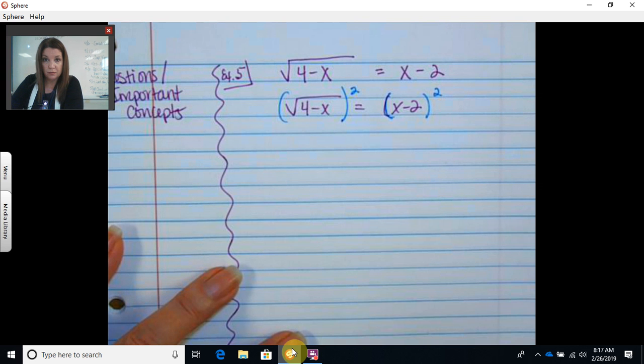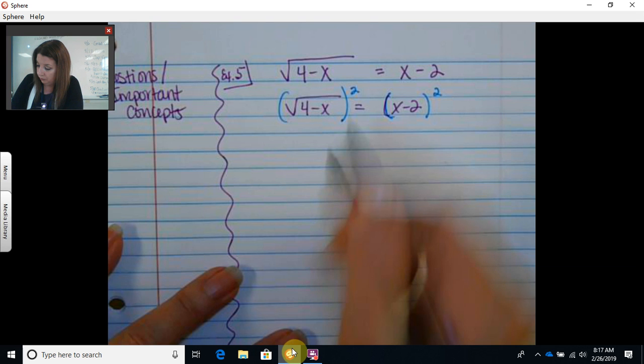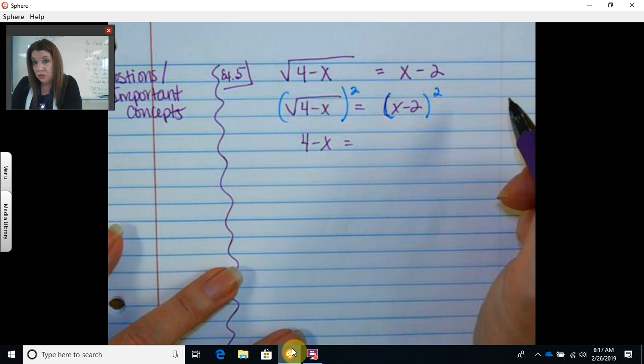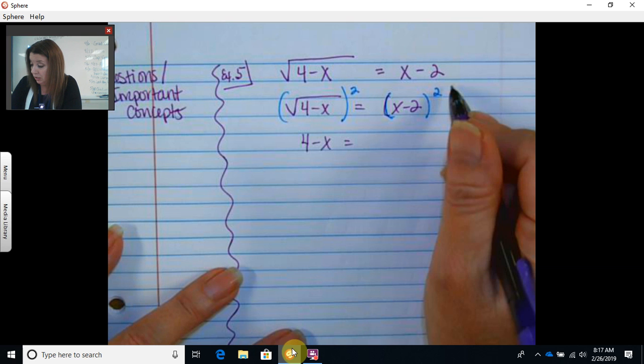All right. What's square root of 4 minus x quantity squared? 4 minus x, right? Now, x minus 2 quantity squared, is that x squared and negative 2 squared? No, it's x minus 2 times x minus 2.